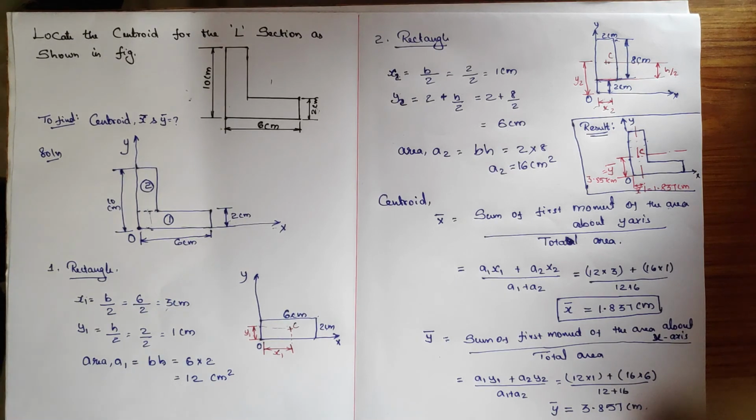By that, x bar and y bar, the magnitude, can be measured with respect to O. Afterwards you can specify the result with a diagram. I hope you understood how we need to work and how we need to specify x bar and y bar and denote the centroid. Thank you so much.